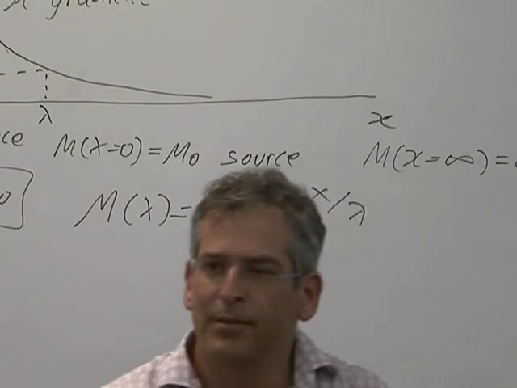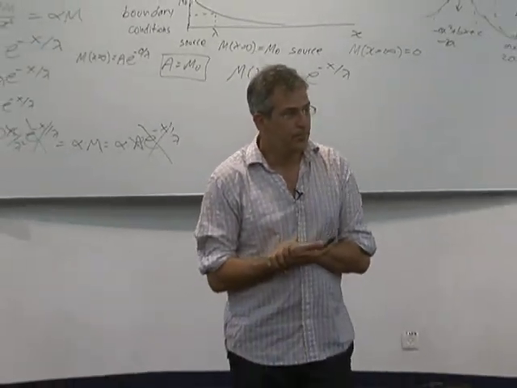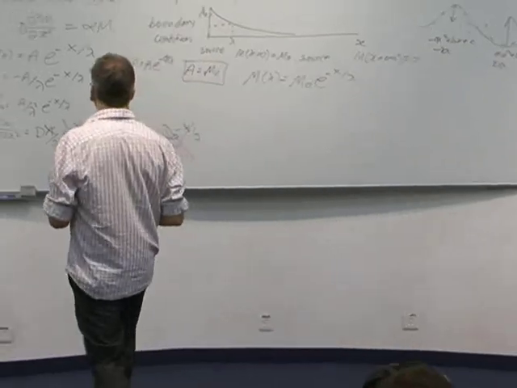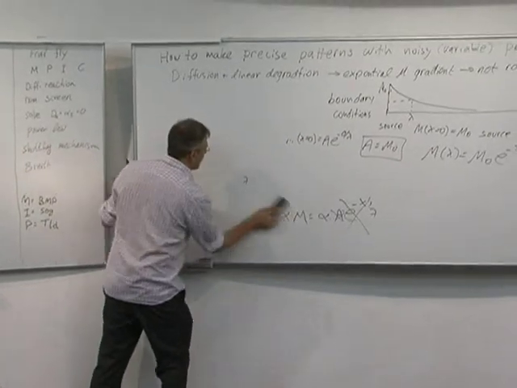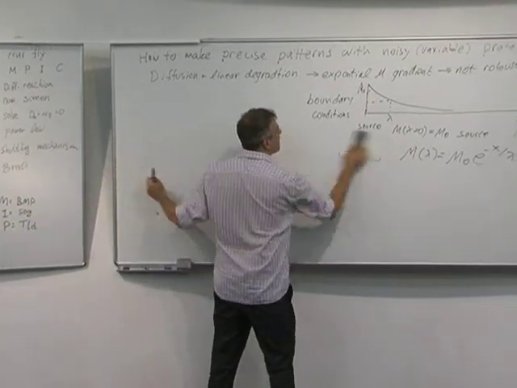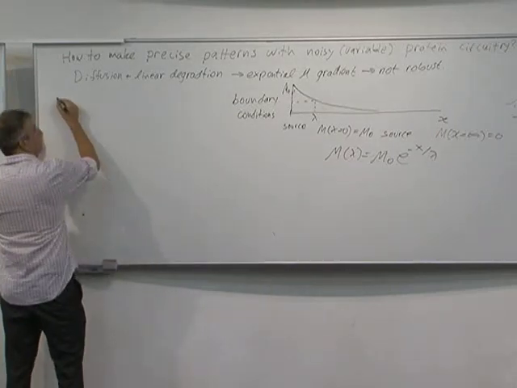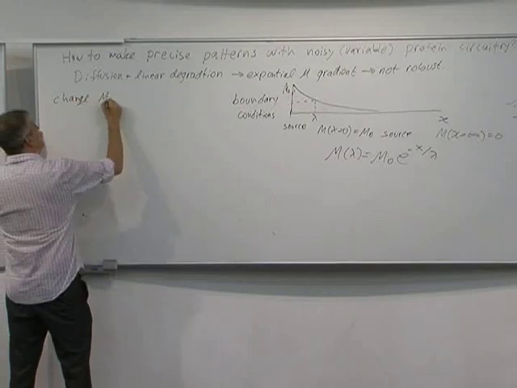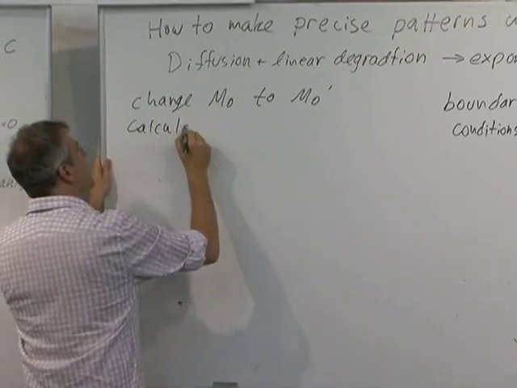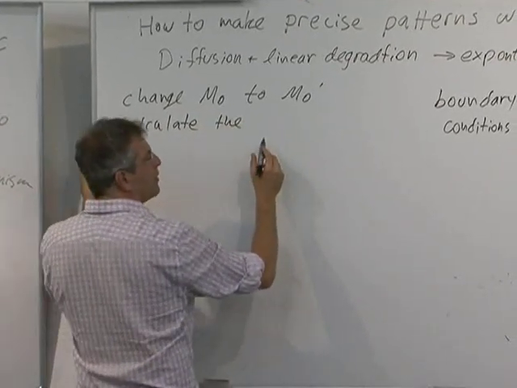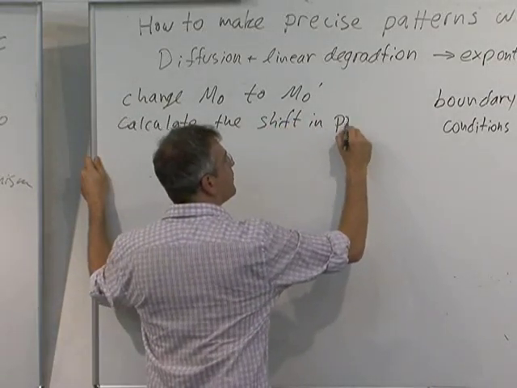Now let's ask, is this robust with respect to changes in the source? So what we're going to do now is change the source to something else and calculate the shift in the profile.